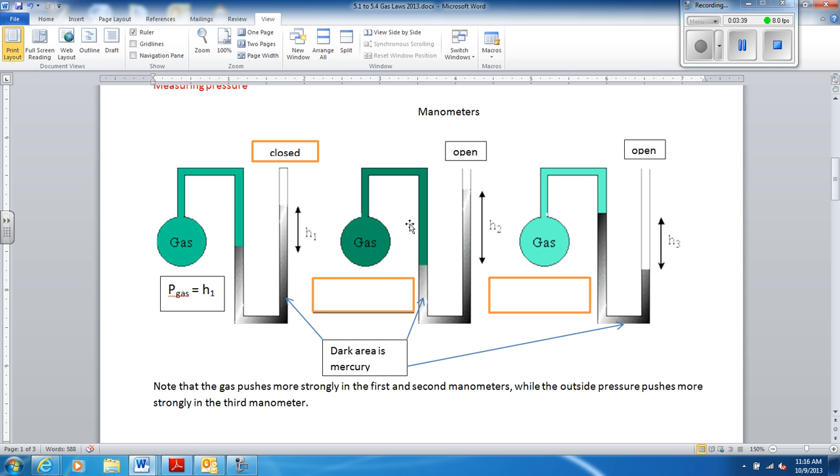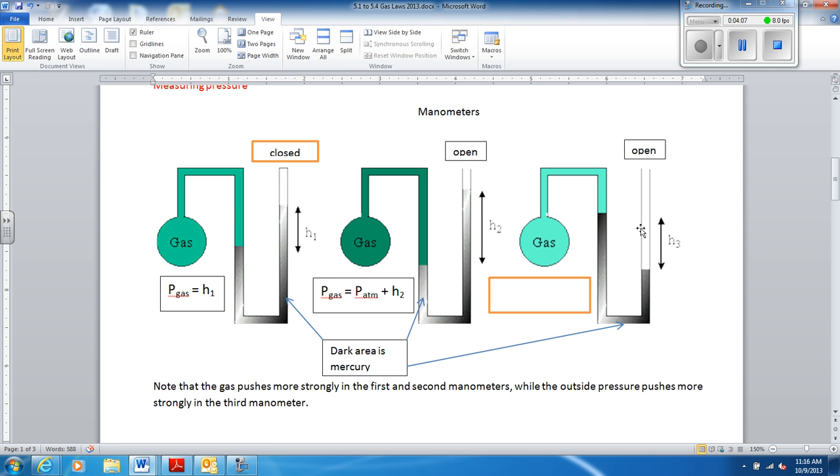Over here you should note the gas is pushing harder. Notice it's pushing the mercury lower than the outside air. So air pressure is pushing on this side, and the gas is pushing on this side. So the gas pressure will be the outside pressure plus this distance, because you have to look at the manometer to see which side is pushing harder. So here the gas would have the atmospheric pressure plus the height.